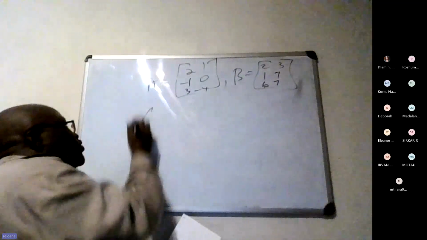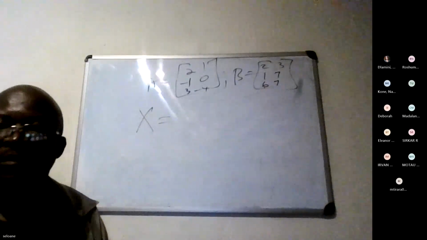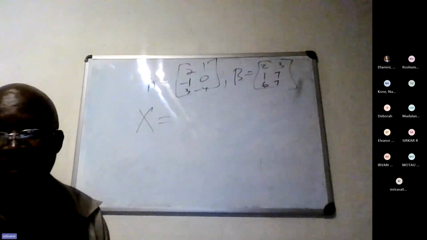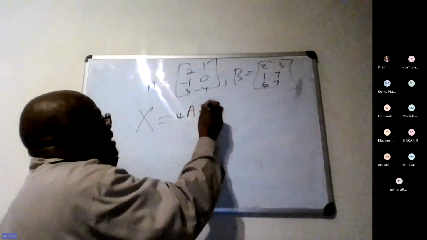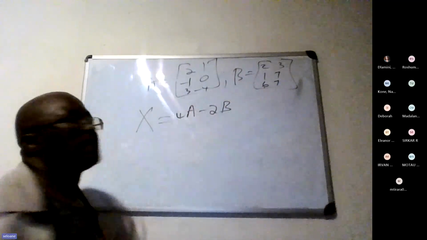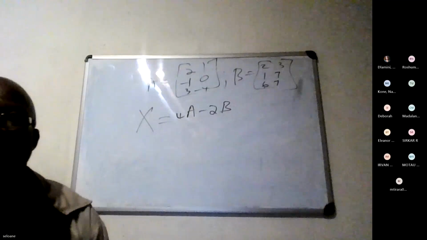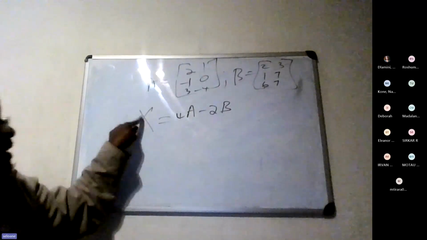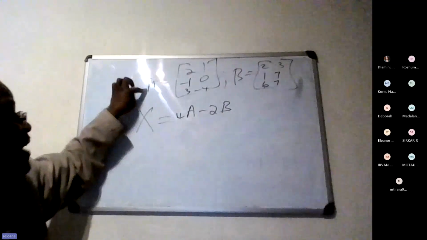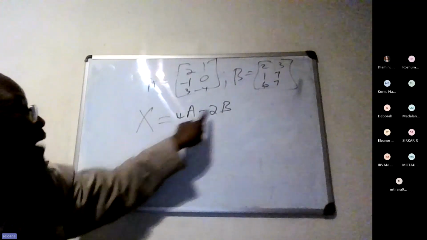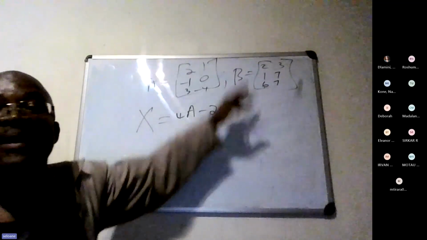Now the question is, solve for x. X is another matrix. How do you find x? Maybe it's 4 multiplied by A minus 2 multiplied by B. Just solve this x, which is another matrix. How do you get it? You take the first matrix, which is A, you multiply it by 4, then minus 2 multiplied by the second matrix.